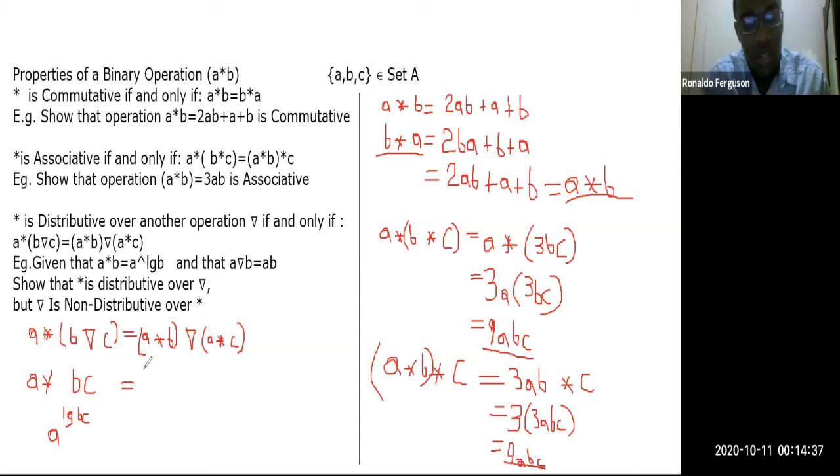Now let's see what over here works out to be. It says show that star is distributive over delta.